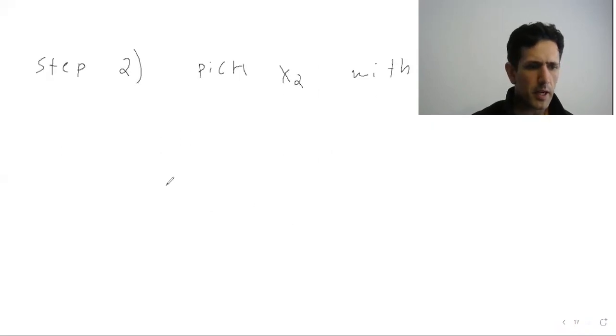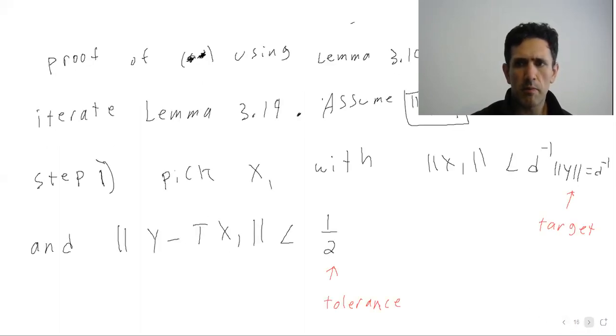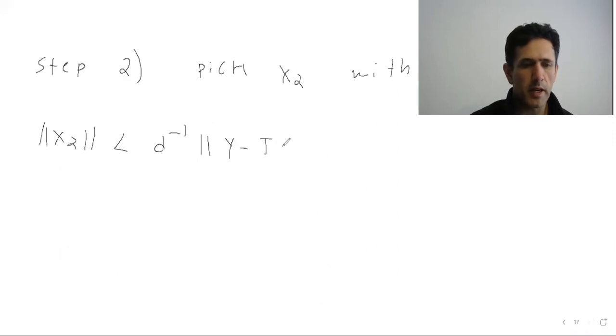All right, so pick x2, where the norm of x2 is less than d to the minus 1 times the norm of my target. Now I want my target to be this whole thing here. I'm allowed to pick my target to be anything I want. So this is my new target.